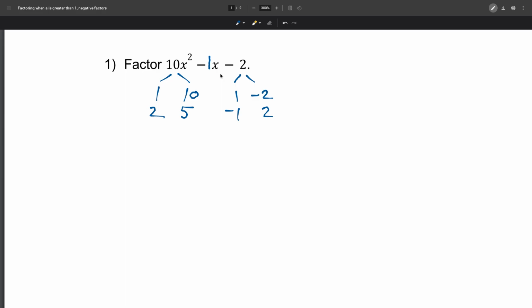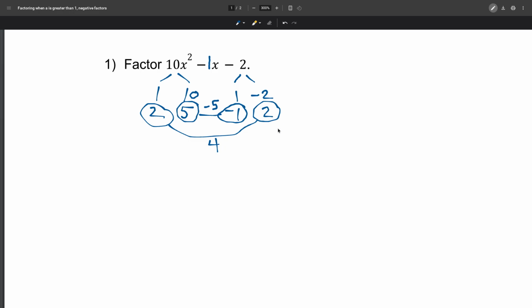So I've got to figure out how would I do that. Well, if I do positive 5 times negative 1, that gives me negative 5. If I add that to 2 times 2, so add that to 4, I'm going to get negative 1. Now notice how I'm combining numbers from this pair multiplying by numbers from this pair.